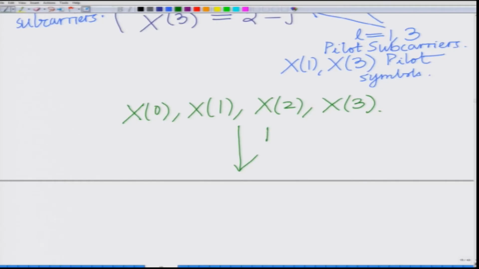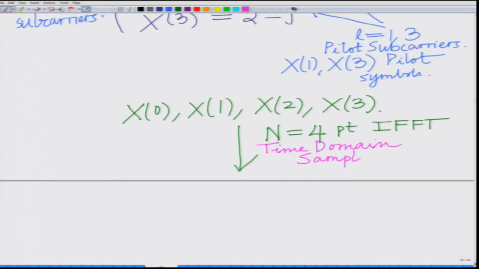Okay. So, now we consider the N equal to 4 point IFFT to generate the time domain samples small x0, small x1, small x2, small x3.